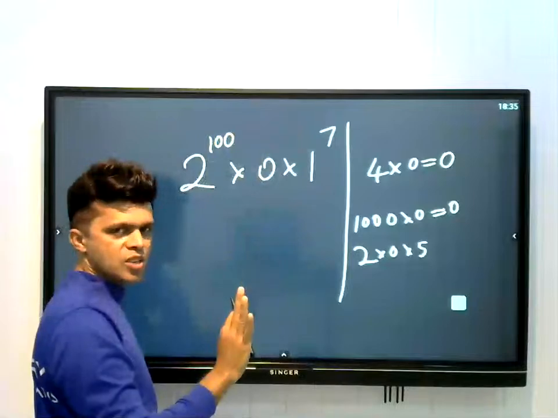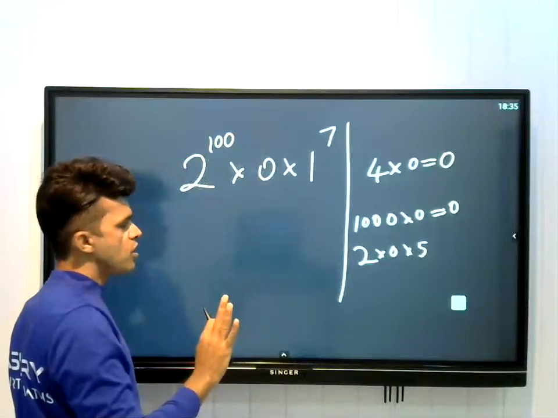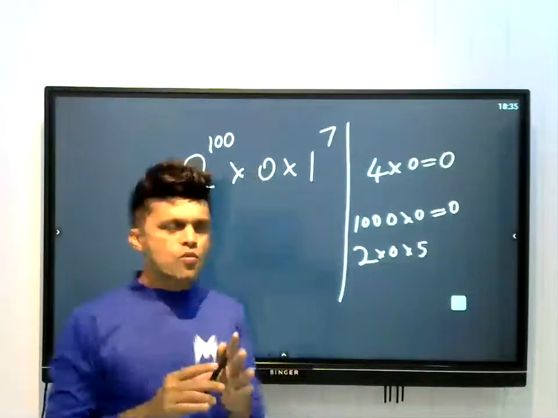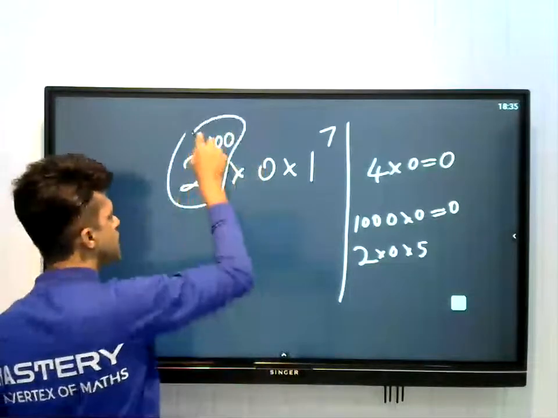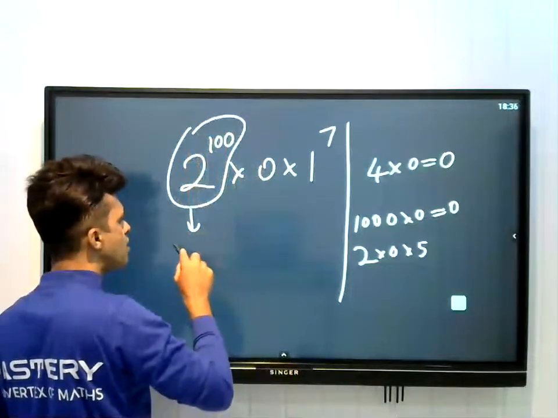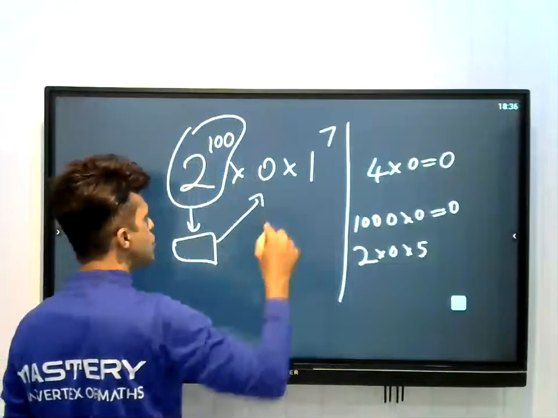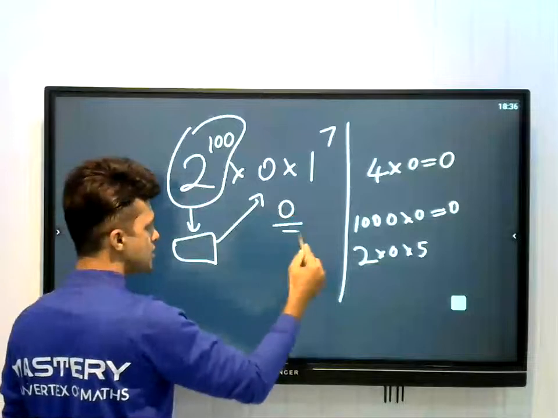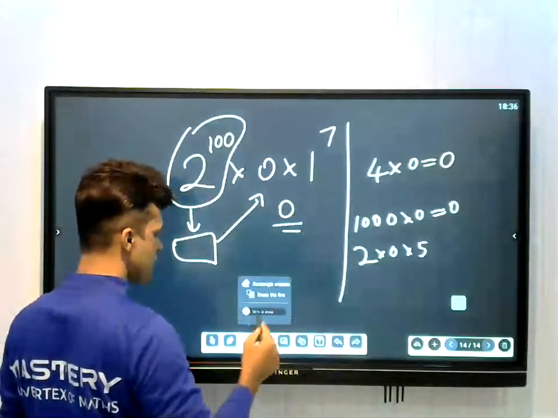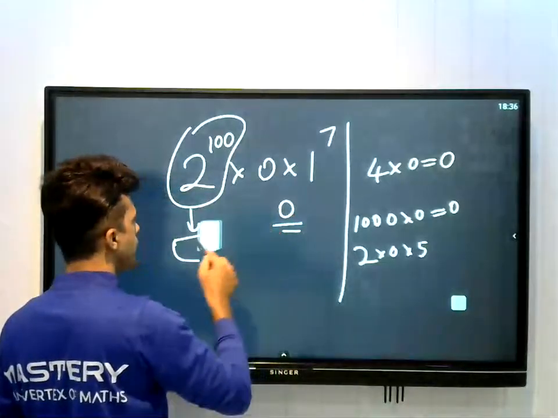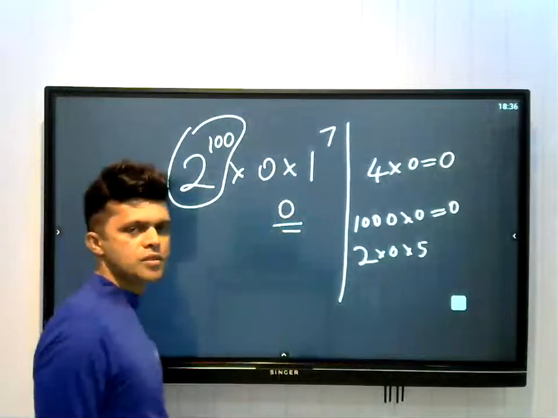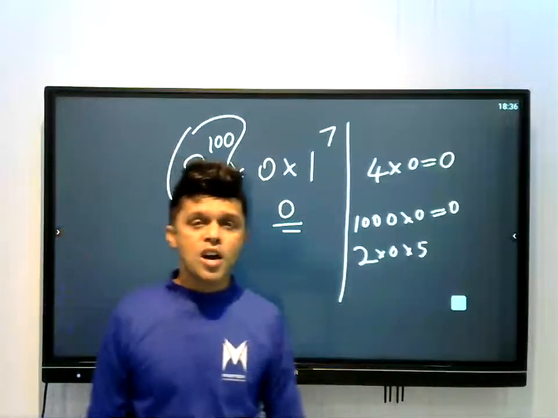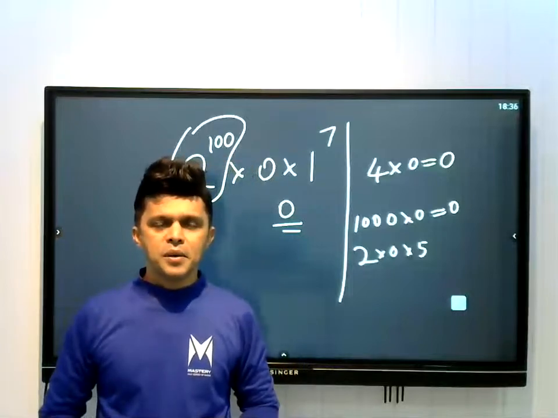Whatever value you get for it, that value times 0 is 0. So the answer of this whole expression is 0. No need of getting the value of this part.